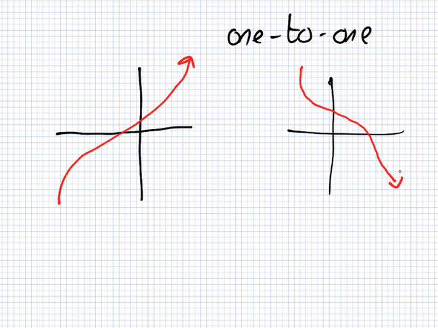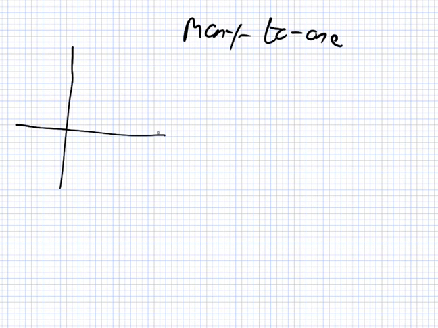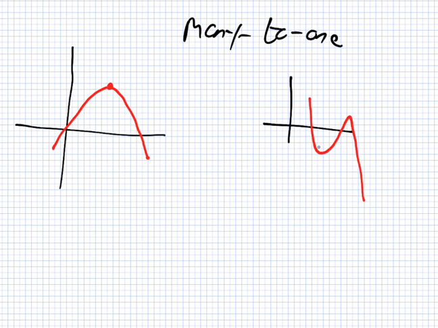Right. Let's have a look at many-to-one now. So, what are the features of a many-to-one graph? Well, basically the feature of a many-to-one graph is that it looks like it has some kind of turning point. Or maybe more than one turning point.